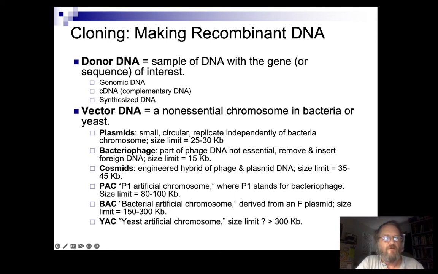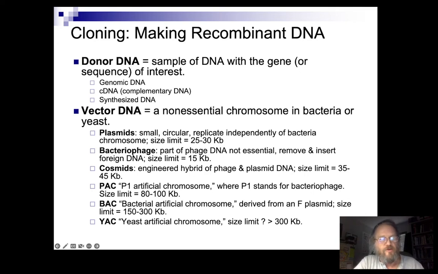Okay, so the choice of the vector DNA is basically, well, how big is the donor DNA? If it's really small, then plasmids, which are small circular independent chromosomes ranging up to about 30,000 base pairs, you could maybe insert your DNA into that. You might use bacteriophage, which is, of course, a virus of bacteria, and these have pretty small chromosome sizes as well.